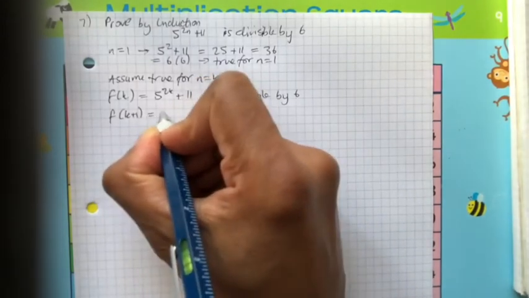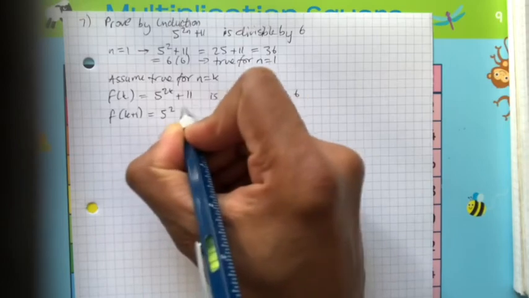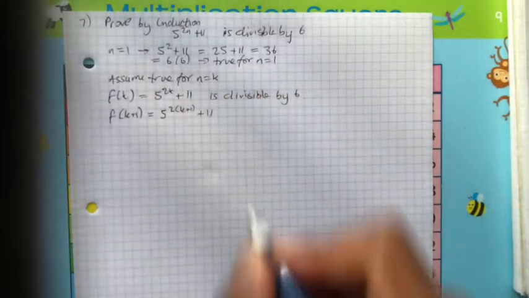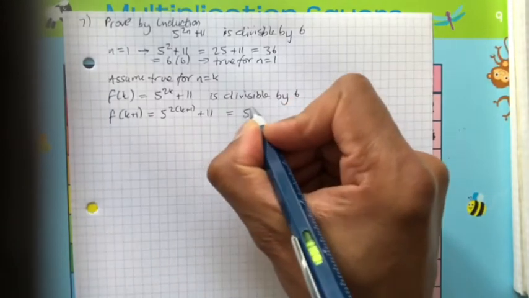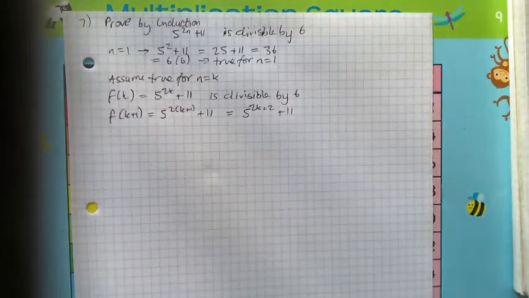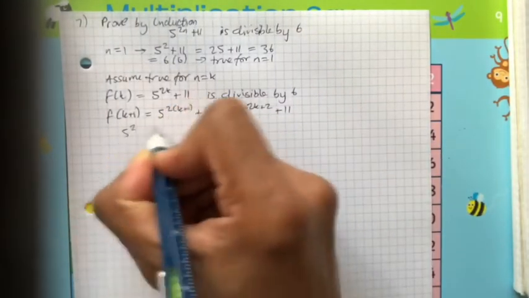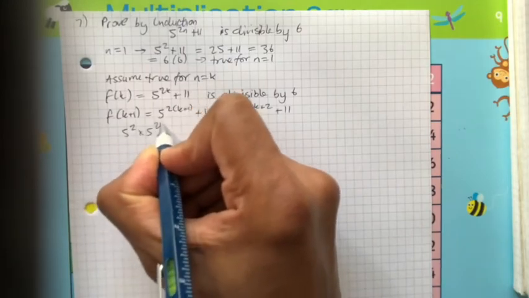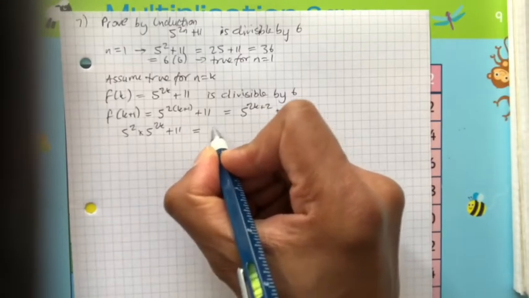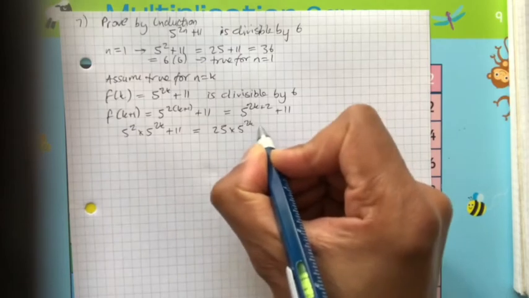So that will give us 5 to the power of 2 lots of k plus 1 plus 11, which is 5 to the 2k plus 2 plus 11. So rules of indices, that will give us 5 squared times 5 to the power of 2k plus 11, which equals 25 times 5 to the power of 2k plus 11.